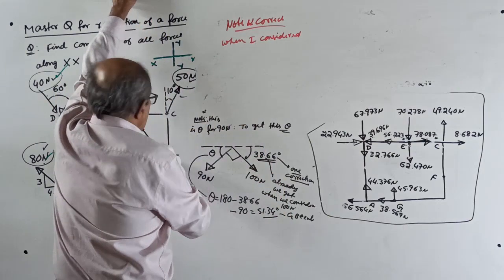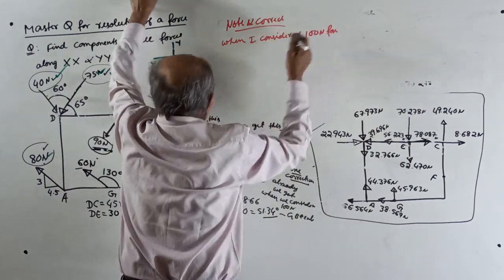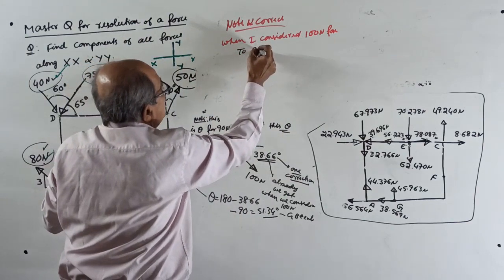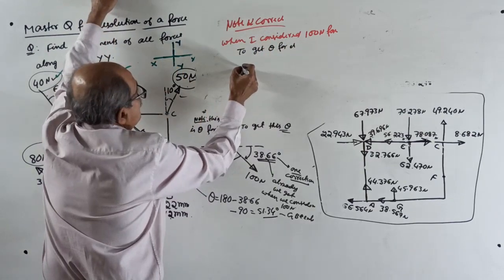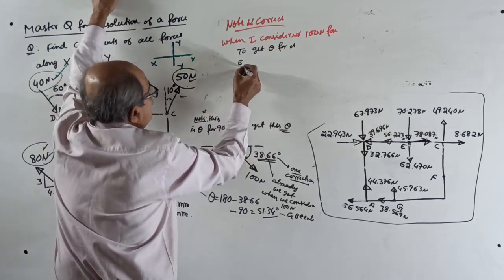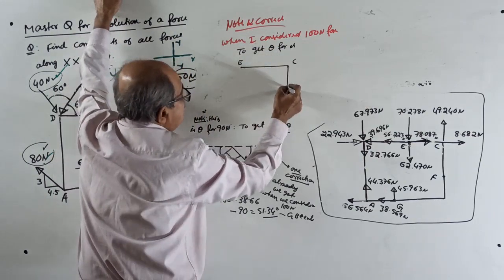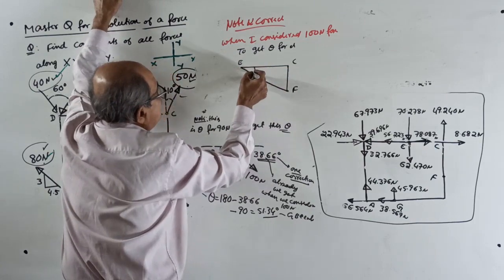When I considered the 100 Newton force, I put a triangle to get that theta. What I did is, see, point E is here, point C is here, point F is here, this way. This is the theta.